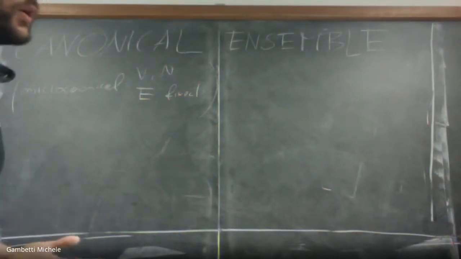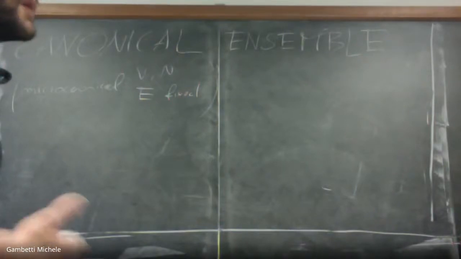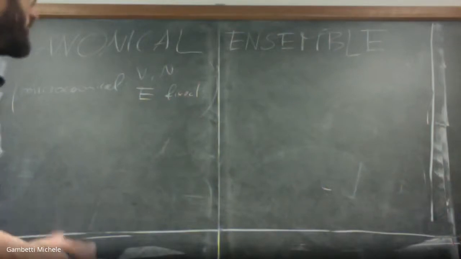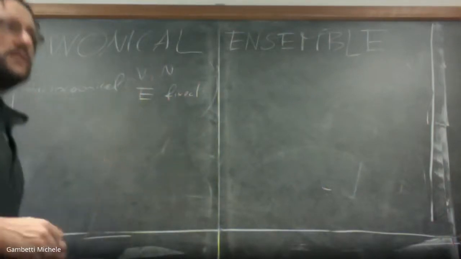In the microcanonical ensemble, the challenge is to compute the number of microscopic states which are compatible with those constraints.